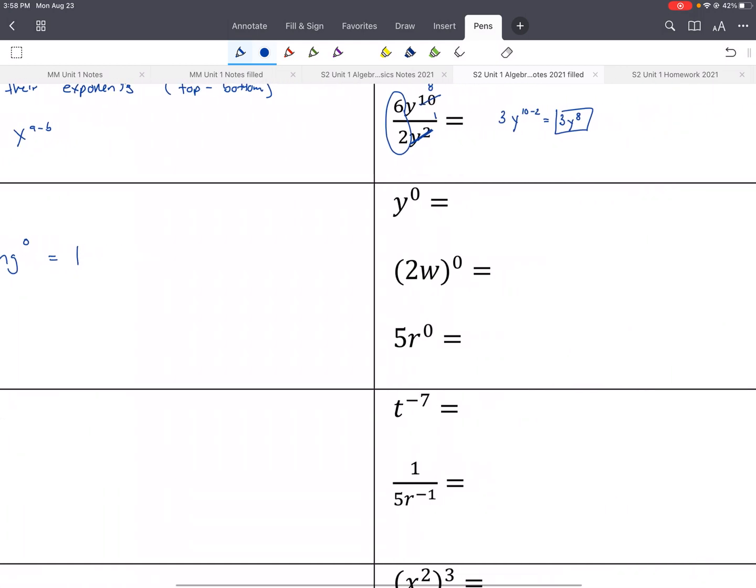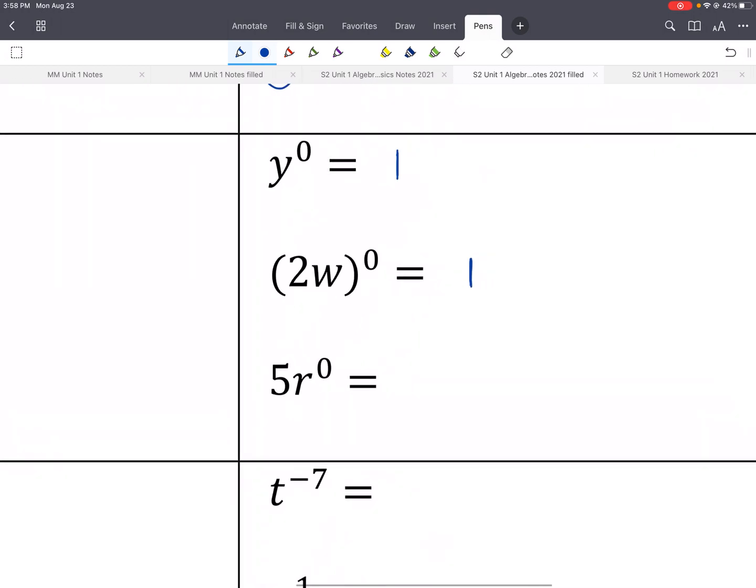So y to the 0, well, that would just be 1. 2w, 2 times w, all to the 0 power would be 1. And what about 5r to the 0? Well, I guess we haven't really talked about this, but the exponent only applies to what's touching. So it's not affecting the 5.